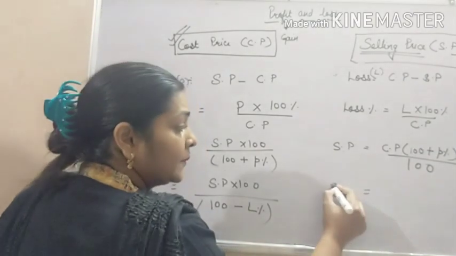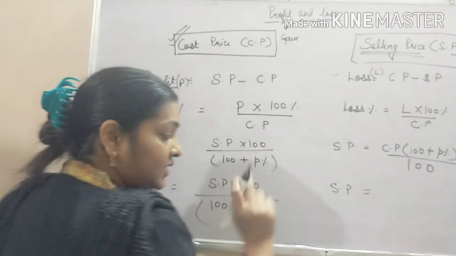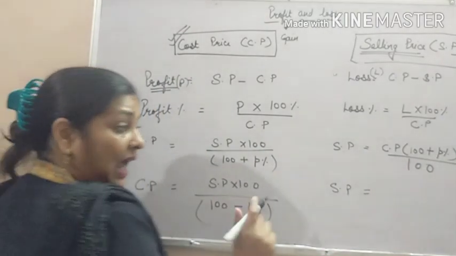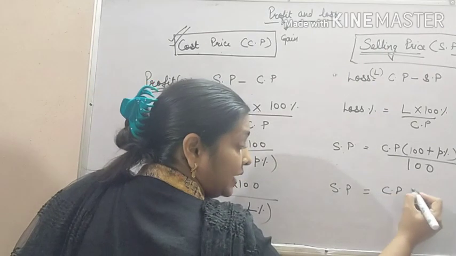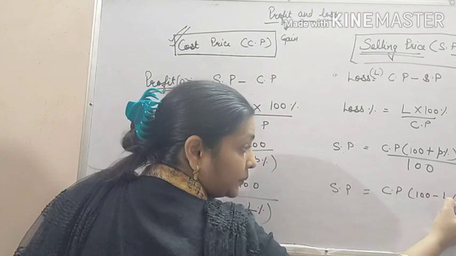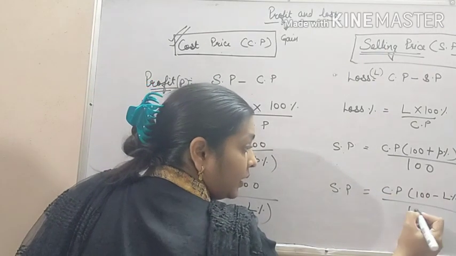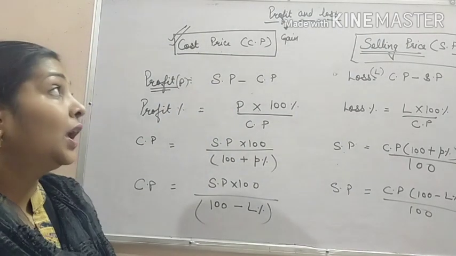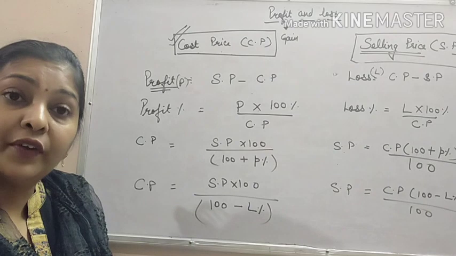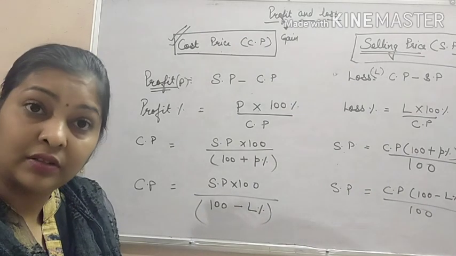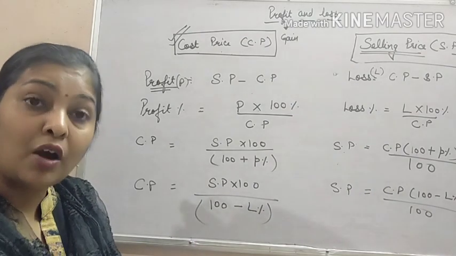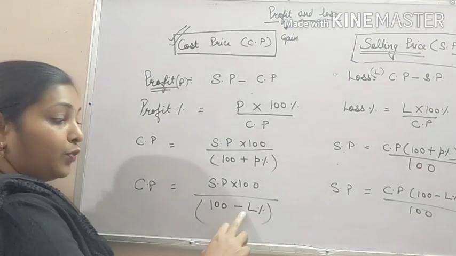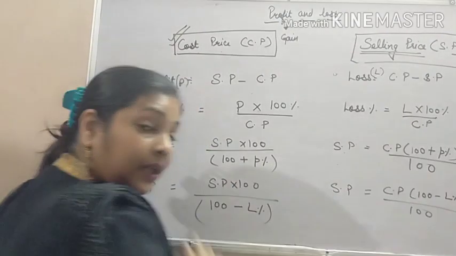Similarly, here SP will have just slight changes: instead of P, it will be L, and that too with a negative sign. One more way to recall it is that you can think of profit as negative of loss, or loss as negative of profit. That's why I have put the minus sign over here.